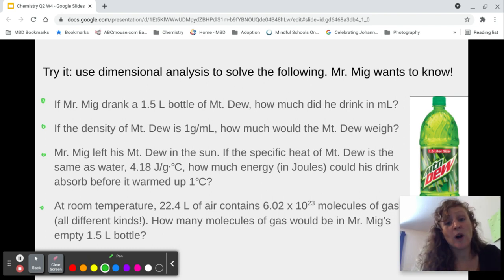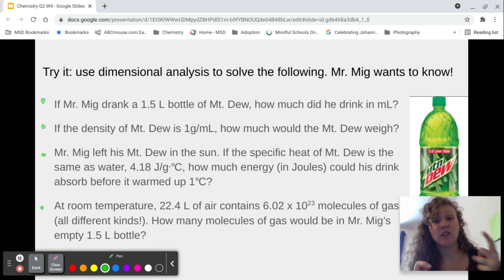Can you figure out what you're given? Can you figure out what you're trying to find? So if you can figure out those three pieces, what are you given? What's your conversion factor? What are you trying to find? Now, can you put them all together into a dimensional analysis problem? Okay, so try this. Let me know what questions you have, and then we'll go through this together.